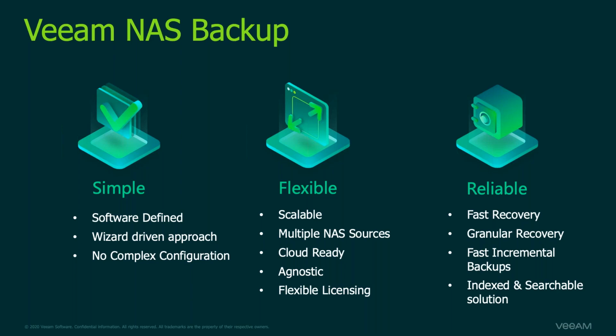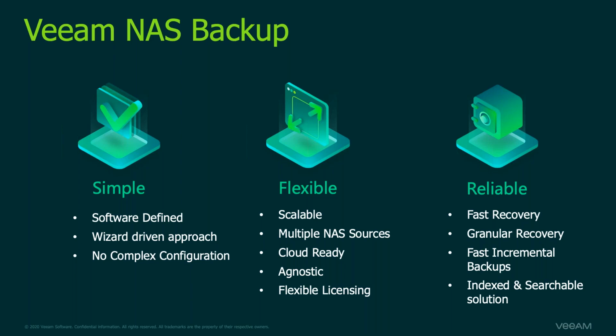Reliability is the biggest, most important thing for us. We're in control of the last line of defense. We are looking after your data, and we come into play when there's a failure scenario within your environment.